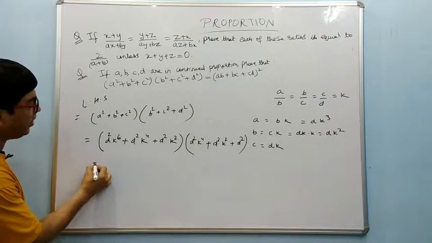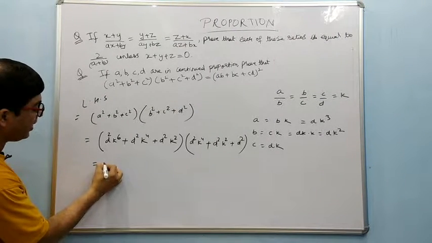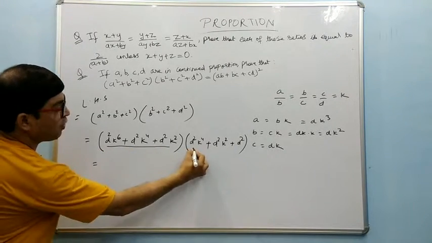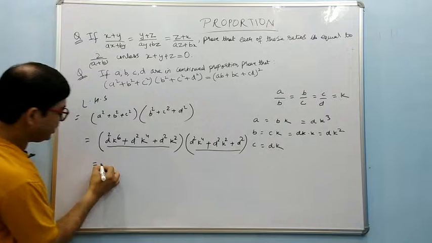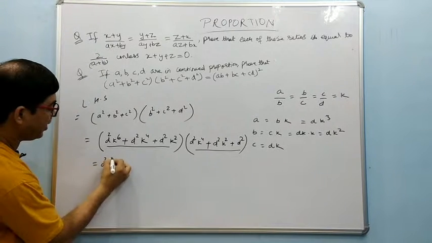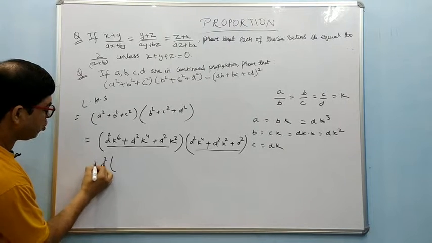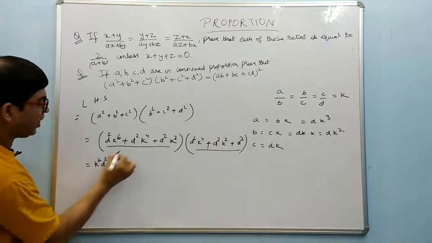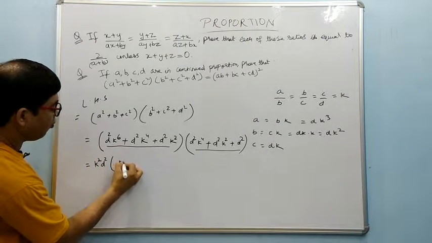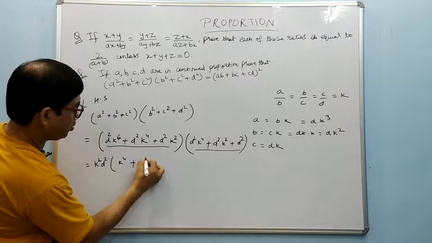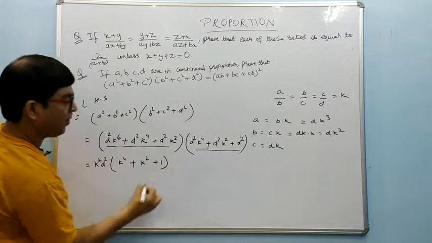On simplification, if I take d² as common from here and d² common from here, it is giving us d² here, and I can just take common k² also. k² if I am taking common, it is k⁴ + k² + 1.